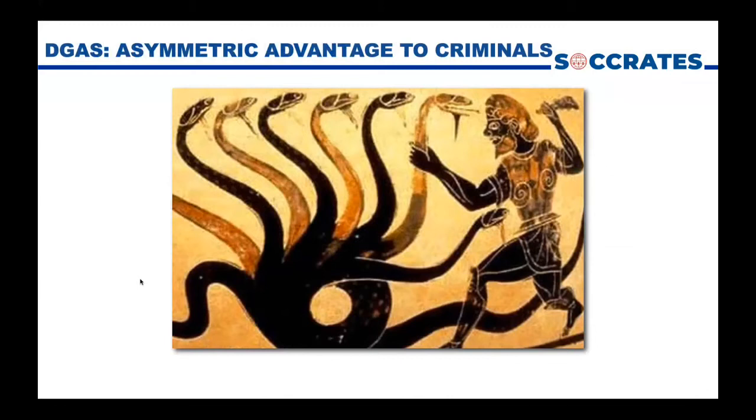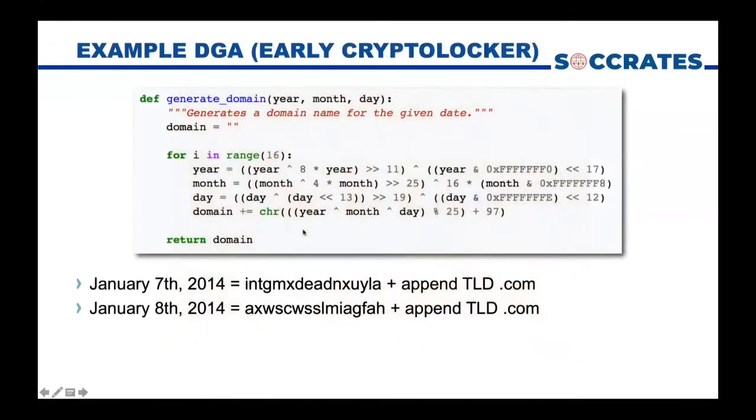It's like a hydra with multiple heads: when you as a defender try to cut down one head, two or more grow in its place. These threats are usually pretty hard to take down, and we see examples of botnets even today, over a decade since DGAs were first introduced, still using this method and still developing ways to build resilience using DGAs.